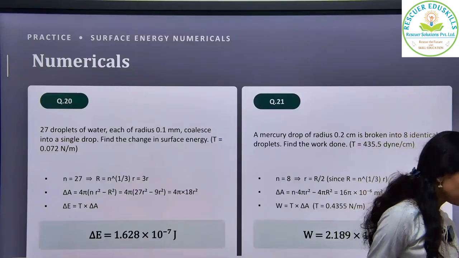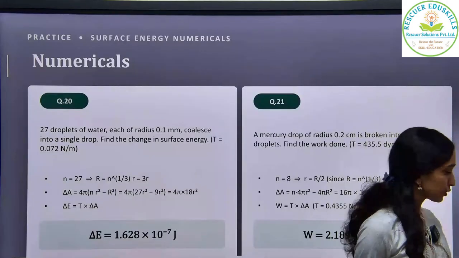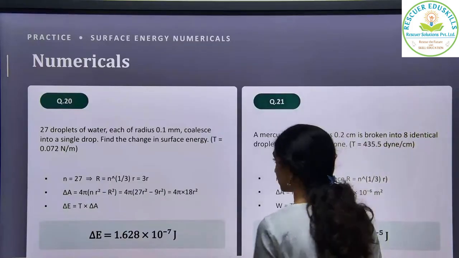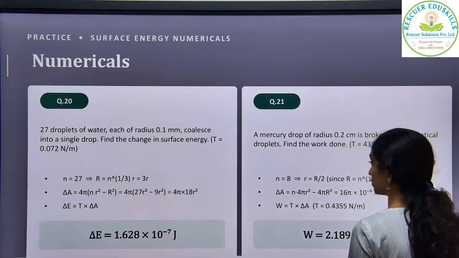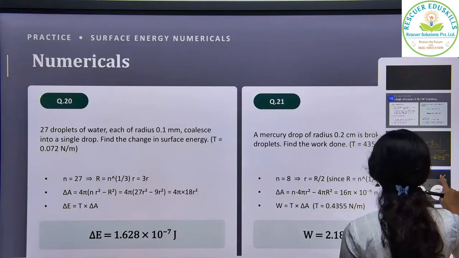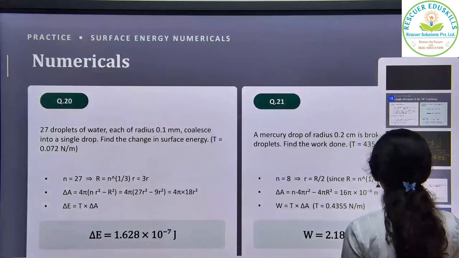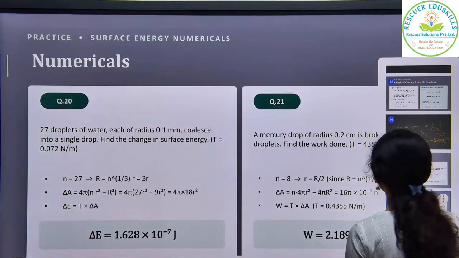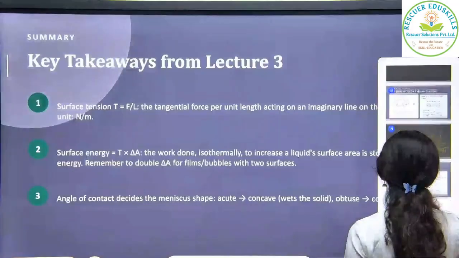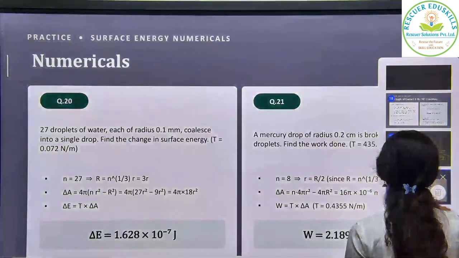So now when the droplets combine, the total volume will remain the same.